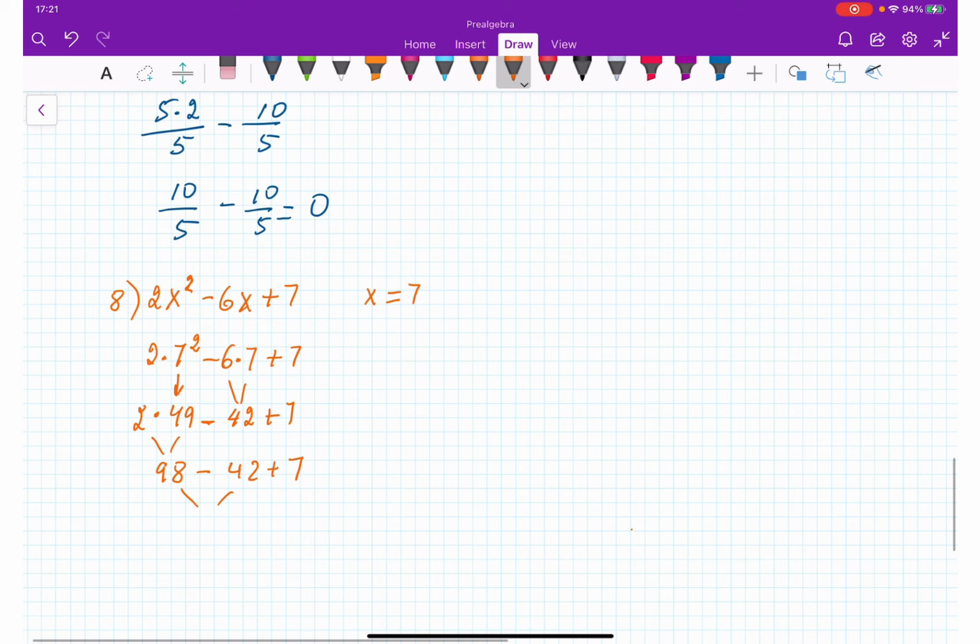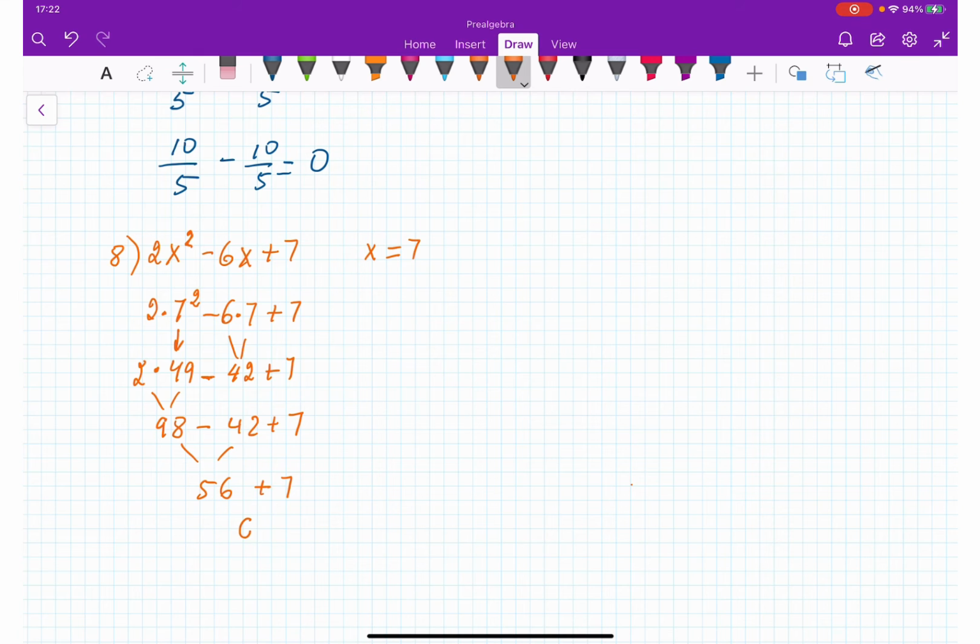So from here, we are getting 56 because we have only addition and subtraction. We calculate in the order they are coming. First subtraction, we do subtraction. Then addition, we do addition. Okay? And the final answer is 63.